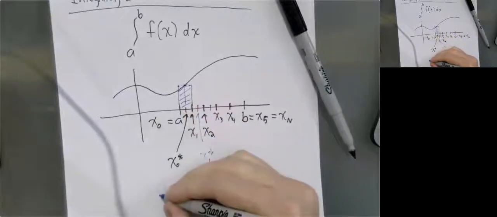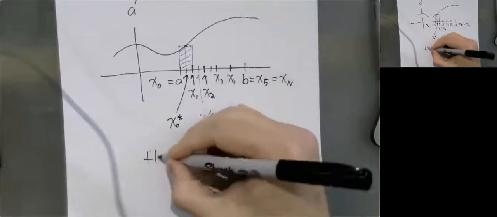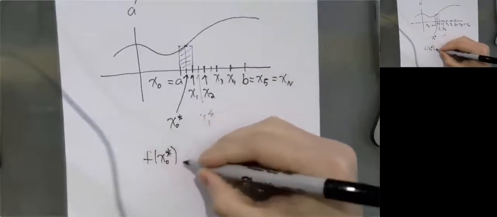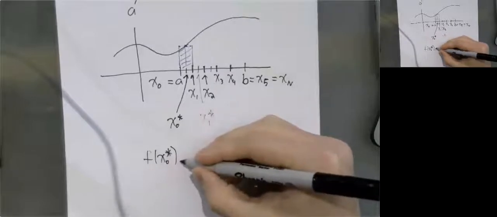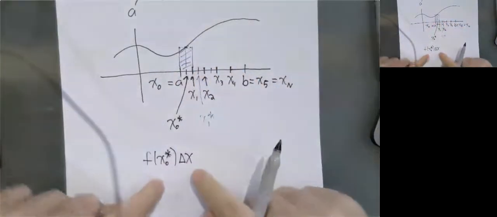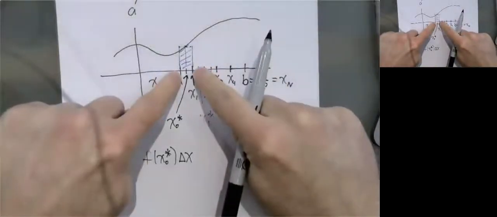The height of the rectangle is f of x naught star, and the base is delta x. We'll call it delta x, the width of this subinterval. This area of this rectangle is the contribution of the first subinterval.